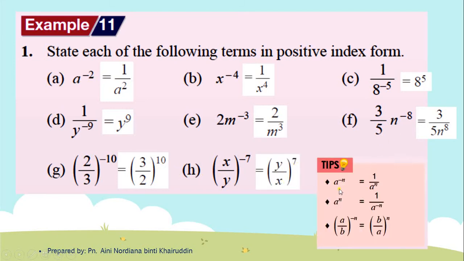So these are the tips. a to the power of negative n is 1 over a to the power of n. a to the power of n equals 1 over a to the power of negative n. a over b to the power of negative n equals b over a to the power of n. We just change the position of numerator and denominator here and change the power from negative to positive.